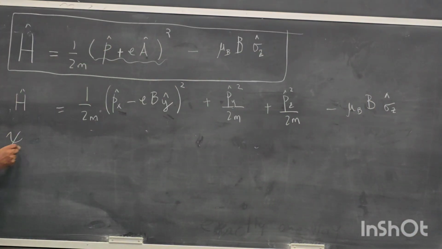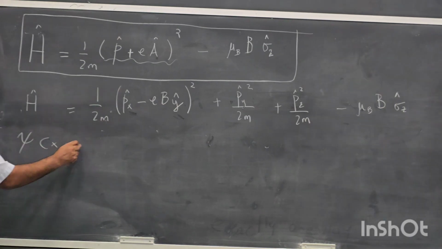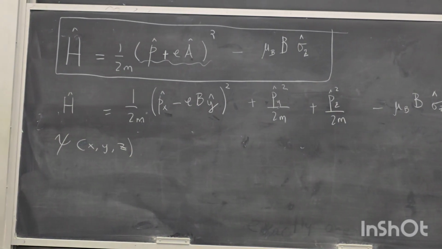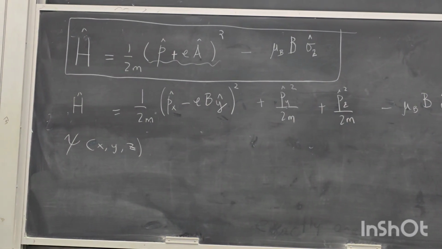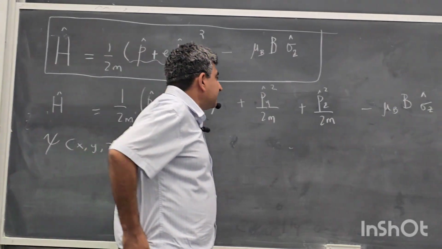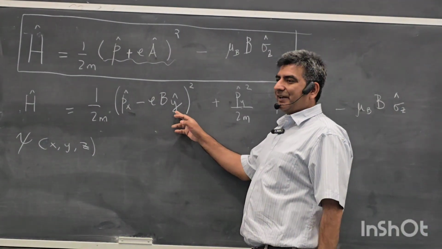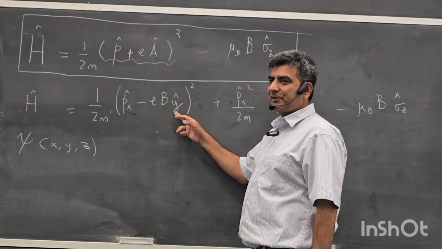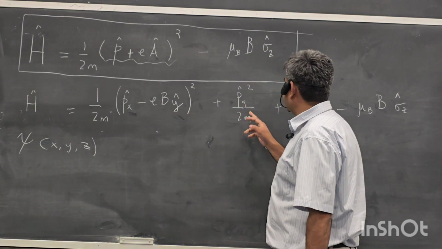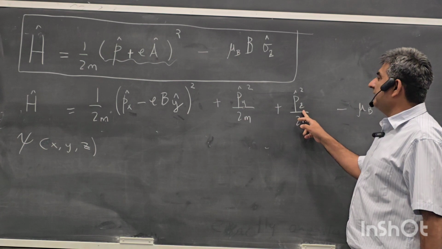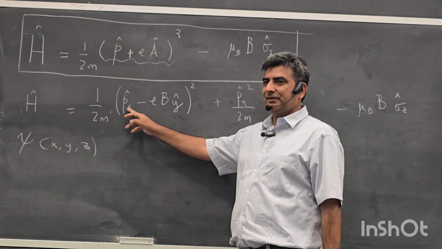And if we would like to find out or write down or propose an ansatz for the eigenfunction corresponding to these electrons, now notice that the only coordinate that exists inside this Hamiltonian is y. That's the only coordinate that exists.